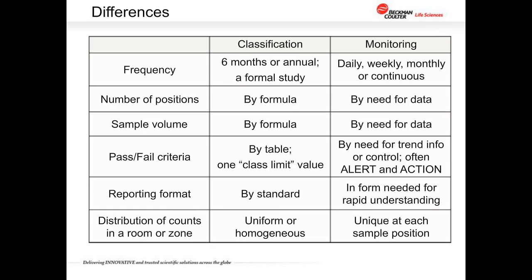So everything is unique when you start looking at monitoring in terms of the position. Whereas for classification, we're really thinking about the whole zone, area, room, biological safety cabinet, bench, whatever that zone or area might be. So keep these in mind when we talk about the differences. We focus, as I said, on classification, but we'll also touch on the needs for monitoring as we go through this discussion today.